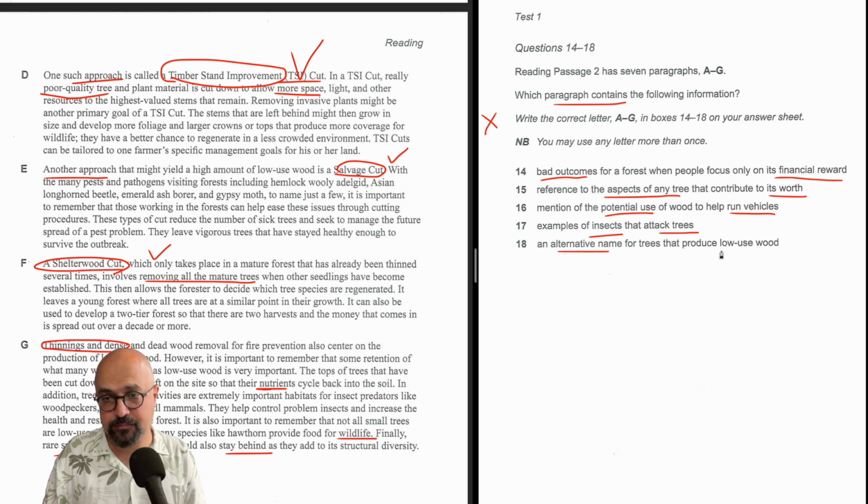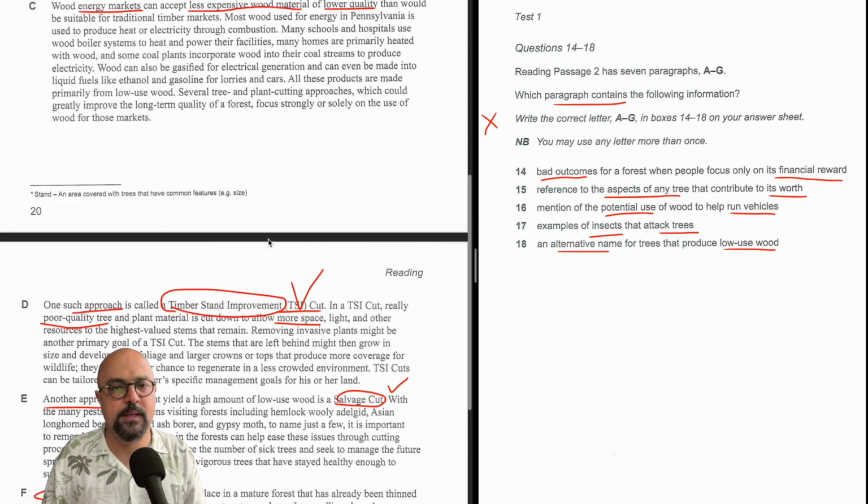Now if you know exactly where one of these things is discussed, you can go straight to that paragraph and read about it, and then match it with the option with the question number. But because I don't think I have anything specific, it's risky.